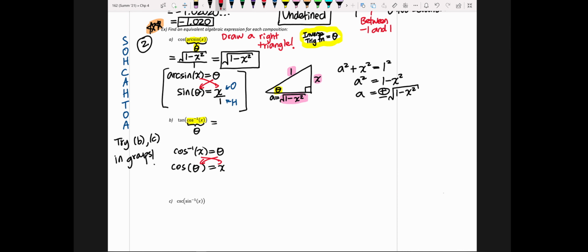Let's go back to Khalid. So Khalid, cosine of theta is equal to x over 1. How should we set up our right triangle? Here's our theta. So remind us from SOHCAHTOA, cosine is the ratio of what two sides?